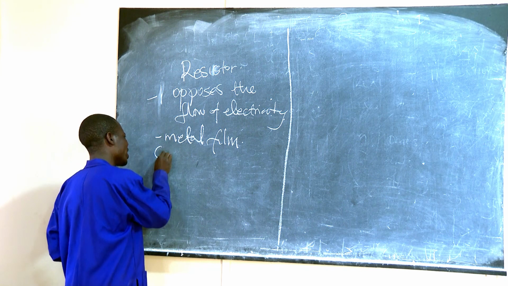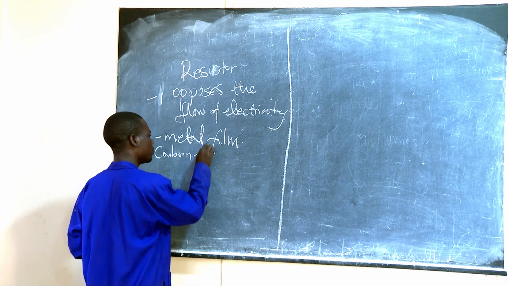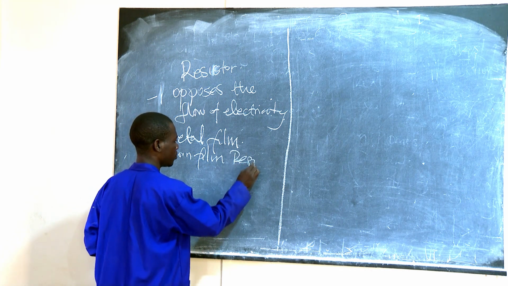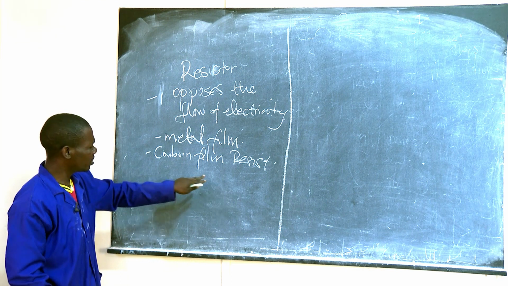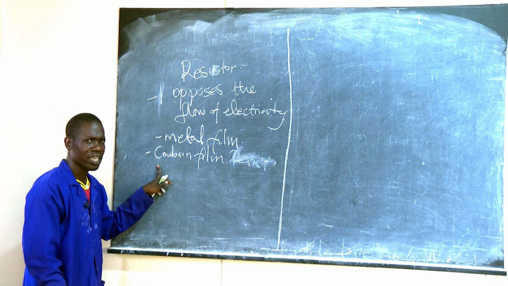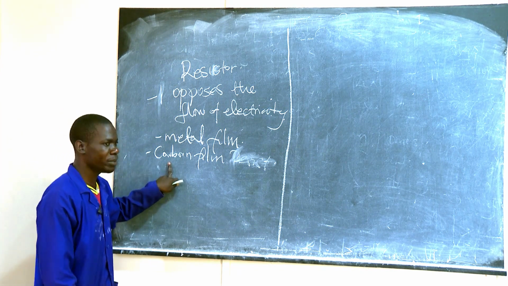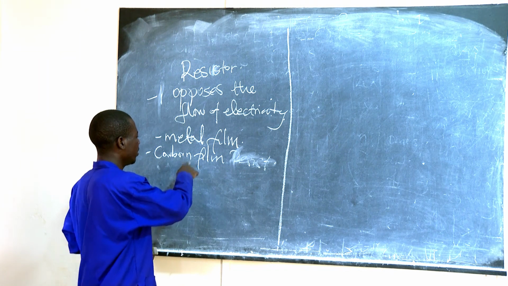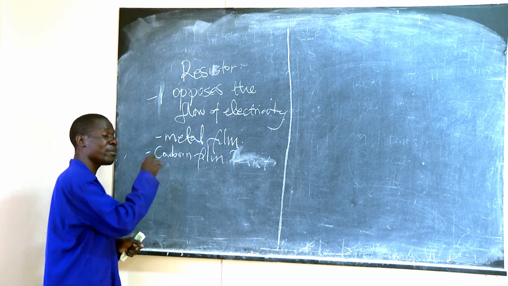Then we also have a carbon film resistor. So how is this made? A carbon film resistor is made up of a carbon film with a ceramic core.